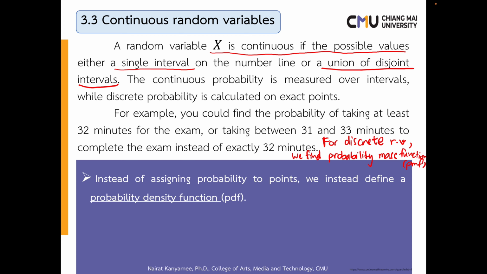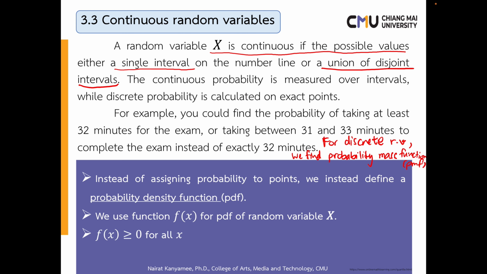But for the continuous case, we call it the probability density function, and we use f(x) instead of p. We use f(x) for the probability density function of the random variable x, and it has to be greater than or equal to 0. So f(x) is greater than or equal to 0 for all x. It must be positive or 0.